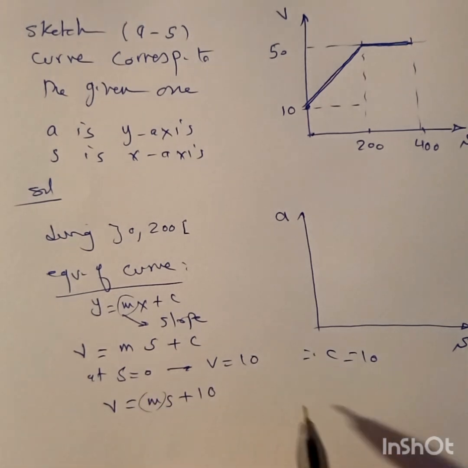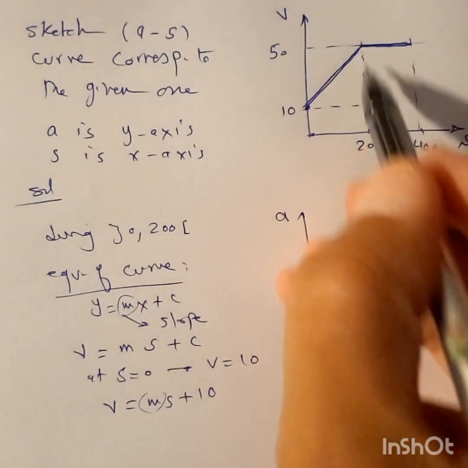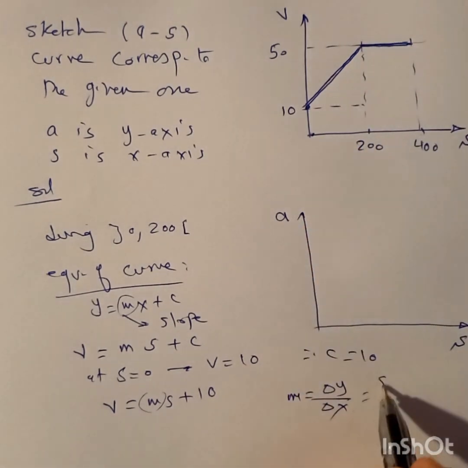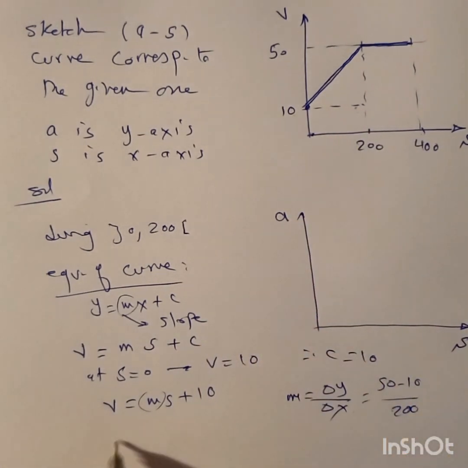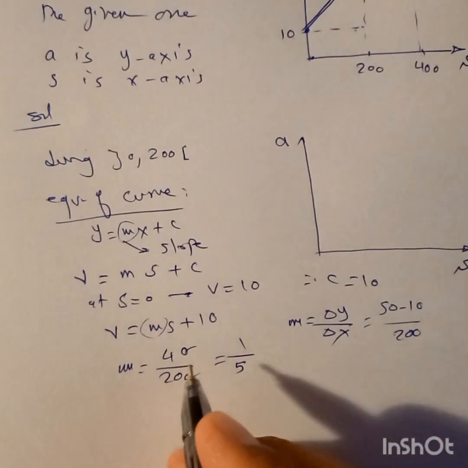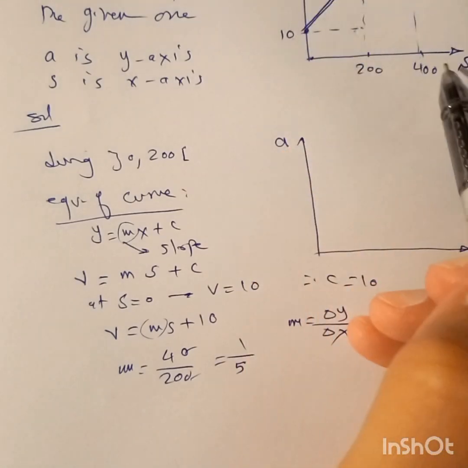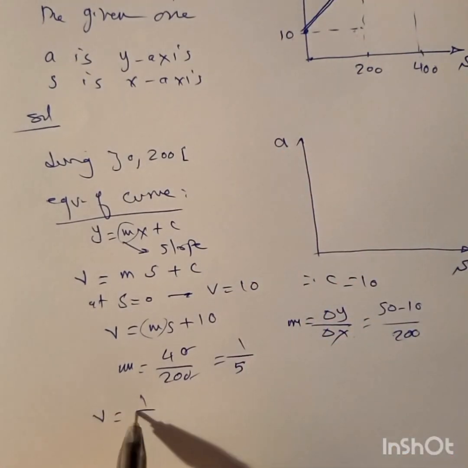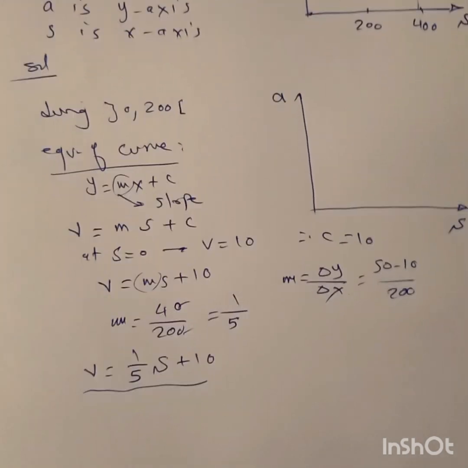To find the slope, m is delta y over delta x. Here we have delta y equals 50 minus 10 over delta x here equals 200. Then m equals 40 over 200. Then we have 1 over 5. Okay, this is the slope of this straight line. Then we can find the general form of this straight line representing the relation between velocity and displacement as v equals 1 over 5 displacement plus 10. Okay, this is the first step.